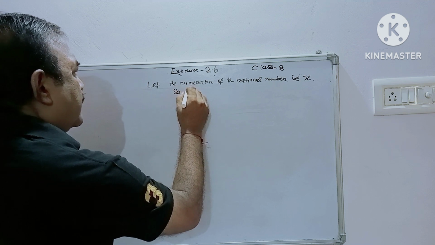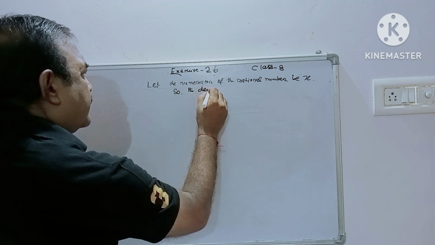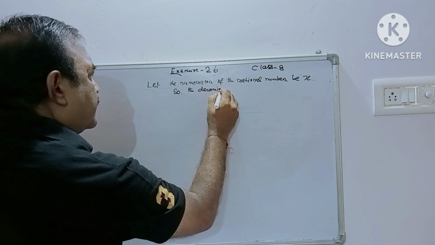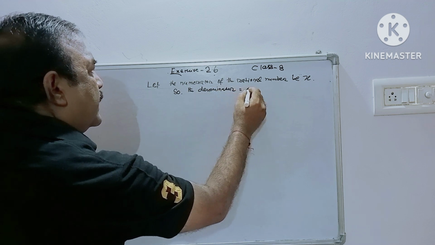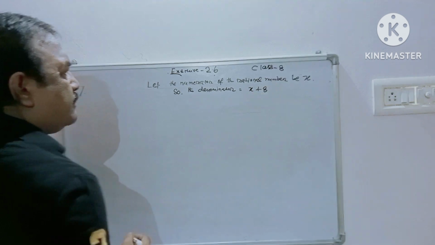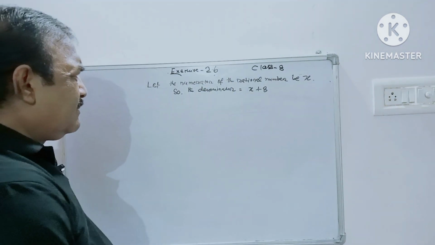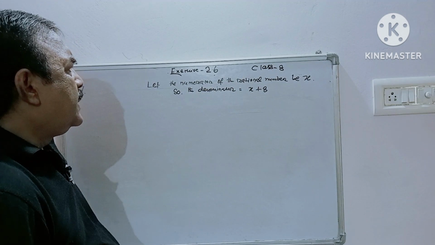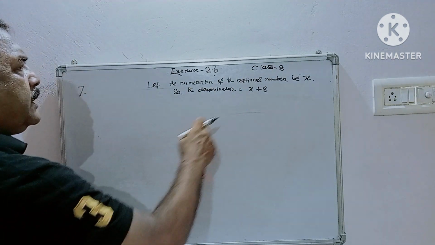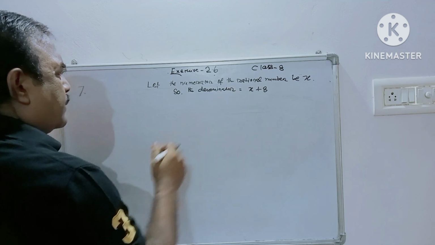So the denominator is x plus 8, because the denominator is 8 more than the numerator. If the numerator is x, the denominator will be x plus 8.